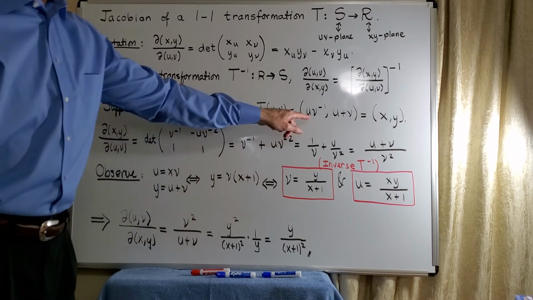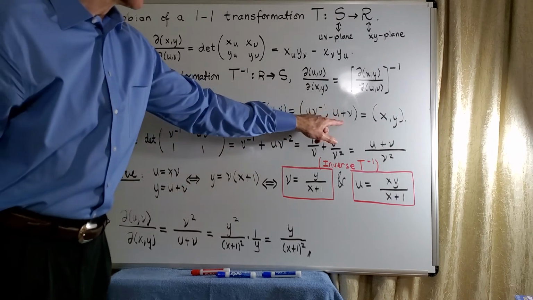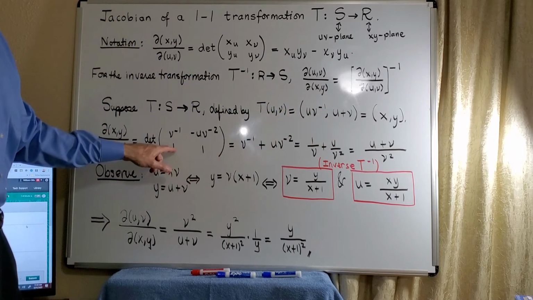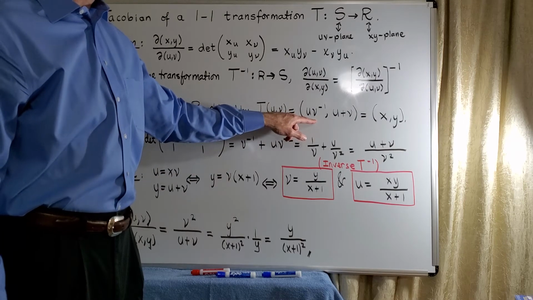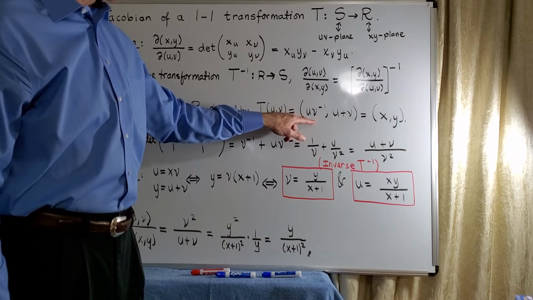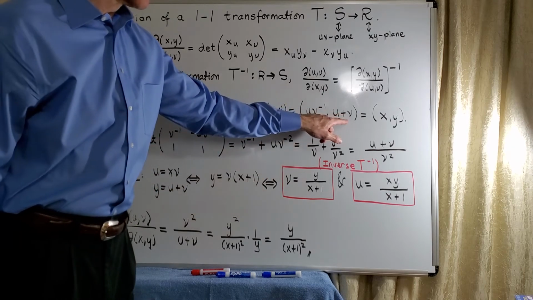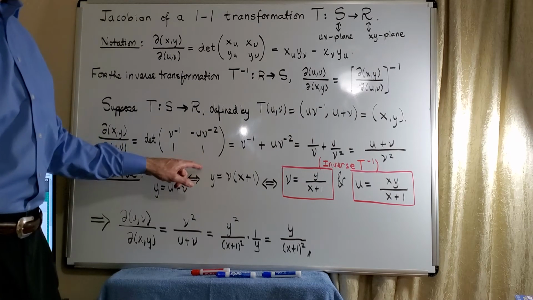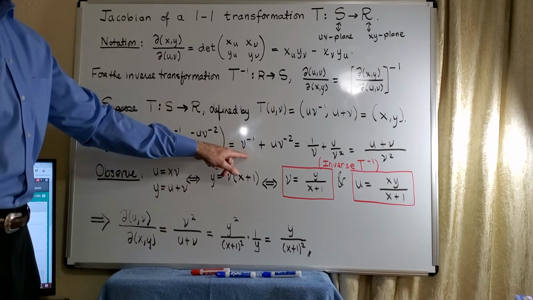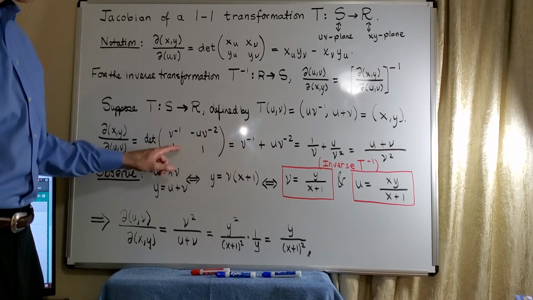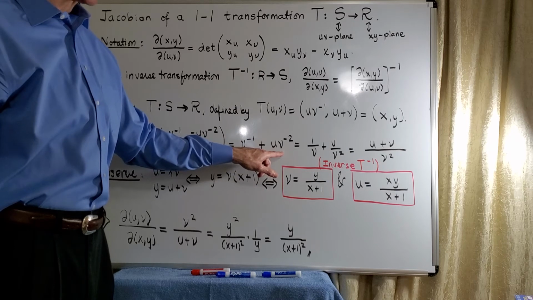When we take the u partial here, we just get v to the -1, and the u partial here is just 1. Now we take the v partial of this, so we use the power rule, so that'll be a negative u v to the -2, which we have here, and then of course the v partial here will just be 1. Then we do the determinant, crisscross so to speak, so this will give us v to the -1 minus, so we'll get plus u v to the -2.